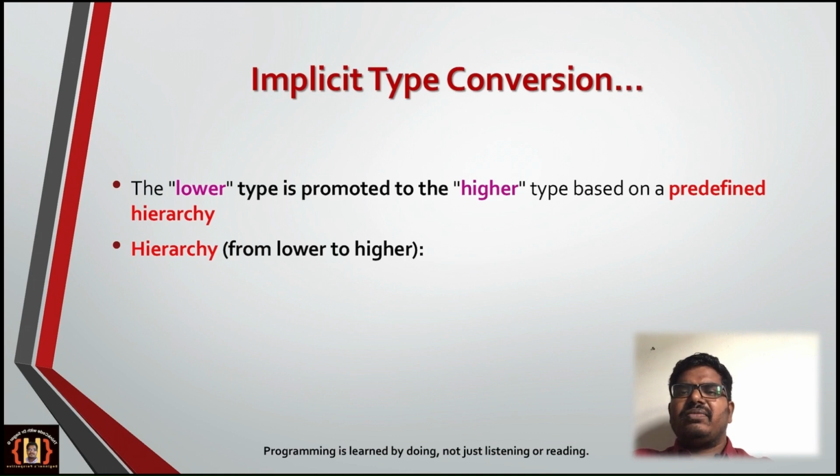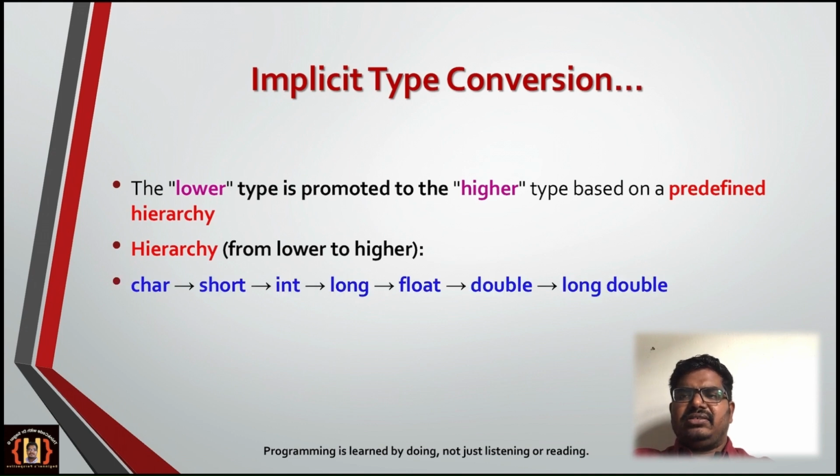The hierarchy from lower to higher is: first char. This character data type can automatically be converted into short, and this short can be converted automatically into integer, and this integer automatically can be converted into float, double, or long double. Similarly, character can be converted automatically into integer.